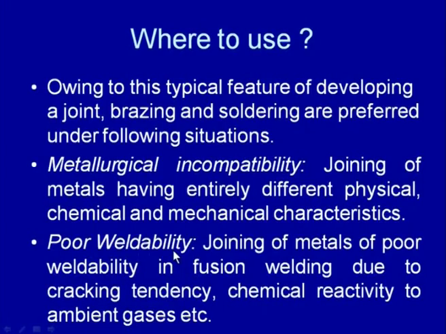The second is poor weldability: joining of metals having poor weldability by fusion welding processes due to excessive cracking tendency, or chemical reactivity to the ambient gases, or some other problem associated with fusion welding processes like excessive hardening and softening of the heat affected zone.